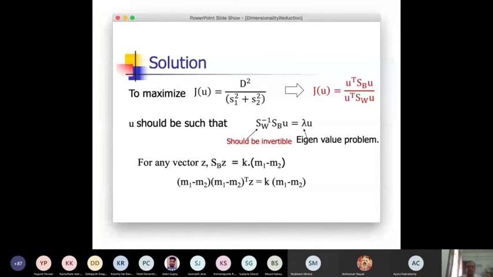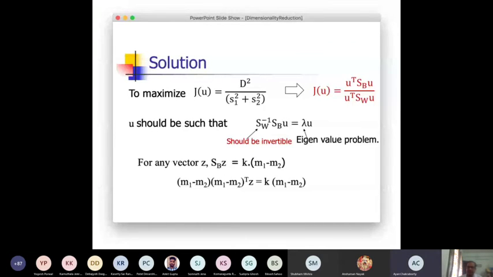Agree? The definition of SB is M1 minus M2 into M1 minus M2 transpose, and then you are multiplying with Z. So why do we say that this computation will equivalently give you a column vector M1 minus M2 multiplied by some scale factor?